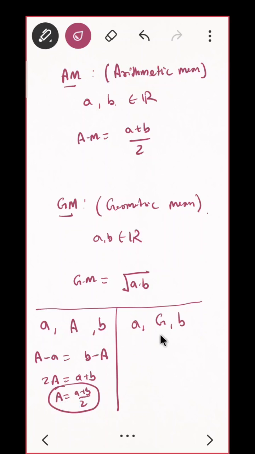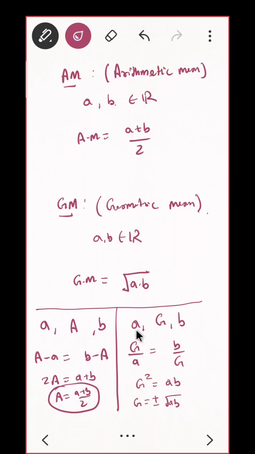Yeah, perfect. What about this? What do you know when you say this is in geometric progression? Common ratio, perfect, very nice. That is G upon a is the same as b upon G. Can I write it as G squared equals ab? So here we have two values, that is G equals plus or minus root ab, correct?